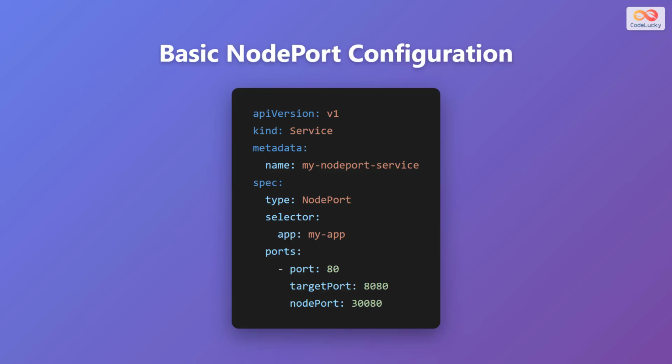In this example, we're selecting pods with the label app equals my-app. The ports section defines three important values. Port is set to 80, which is the service port inside the cluster. Target port is set to 8080, which is the port where the container application listens. And node port is set to 30080, which is the external port opened on each node.